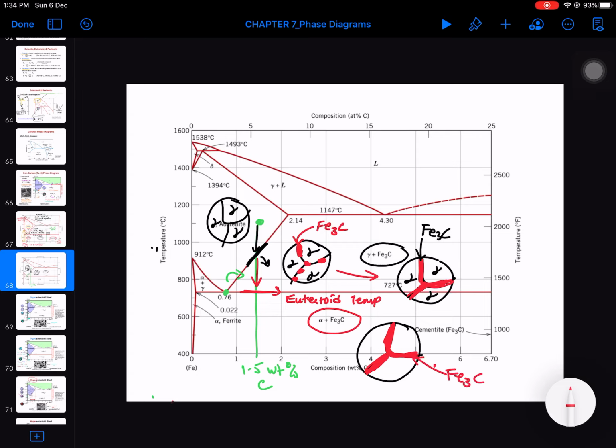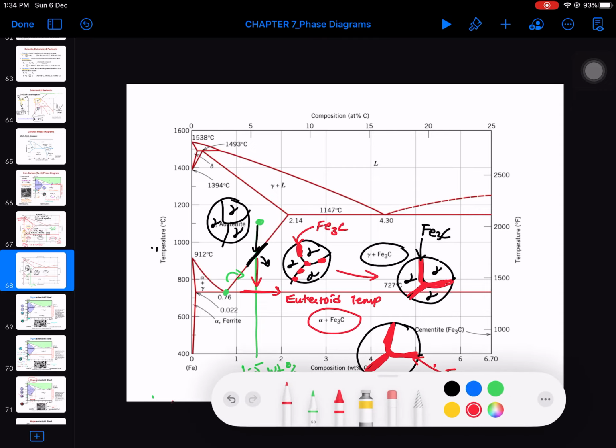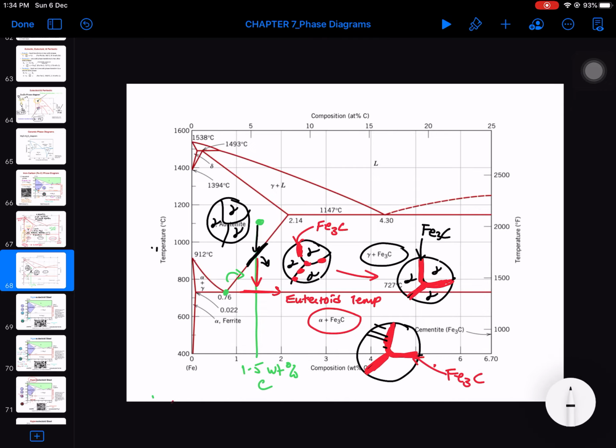Once it crosses the eutectoid temperature, all the austenite will change into alpha ferrite plus cementite, and we know alpha ferrite plus cementite is the lamella structure of alternating layers of alpha ferrite and cementite.